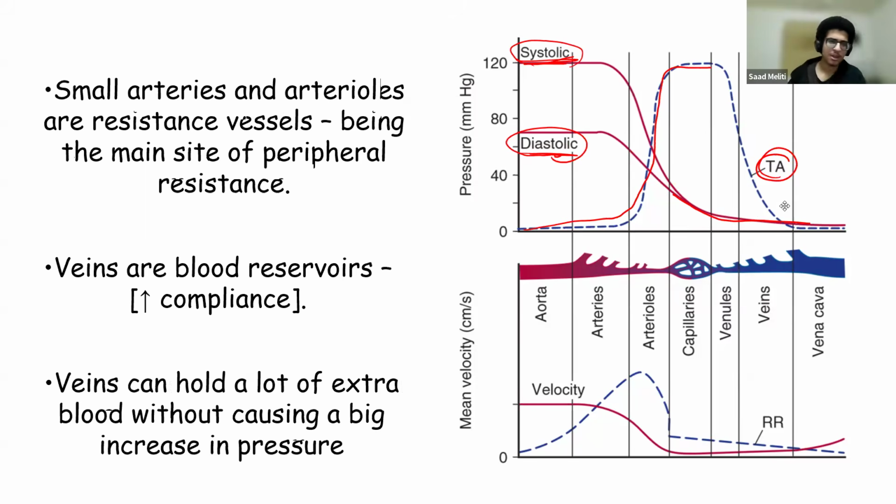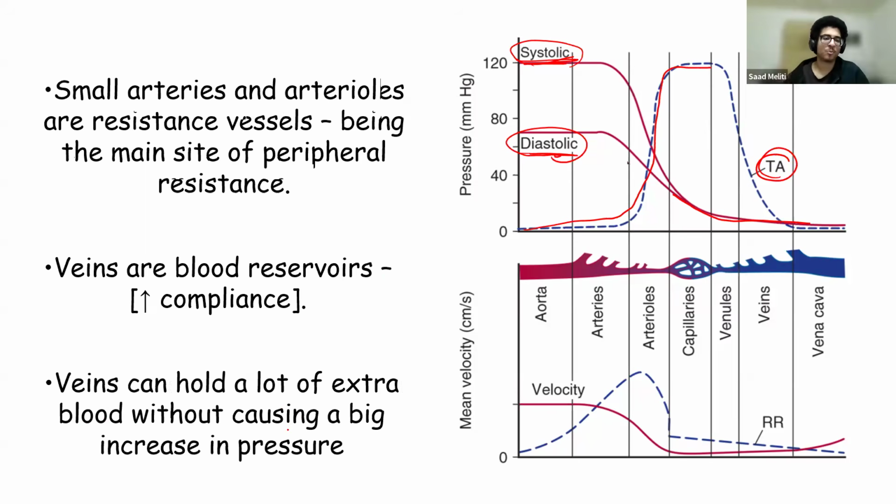Okay. So veins are blood reservoirs. We went over this. It has a high compliance. Like we said multiple times, it can take blood, distend, and it can keep that blood. Veins can hold a lot of extra blood without causing a big increase in pressure. Imagine you're putting blood into a vein and it distends.